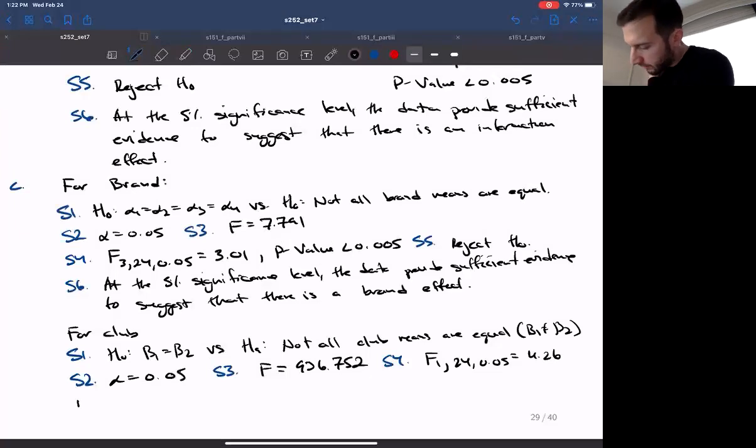I think it's pretty obvious that the p-value here is basically just 0, because if you have an F value of 936, you're not leaving very much area to the right. So the p-value in this case is basically negligible. So we certainly have evidence against H naught.